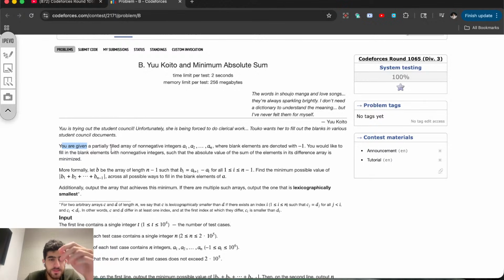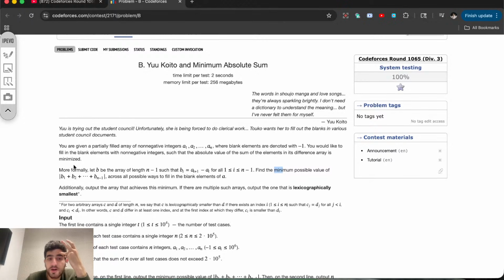You would like to fill in the blank elements with non-negative integers, such that the absolute value of the sum of the elements in a difference array is minimized. More formally, you want to fill in the blank elements such that if you define bi as a of i plus 1 minus ai for all i from 1 to n minus 1, you have to find the minimum possible value of the absolute value of the sum of b1 to b of n minus 1.